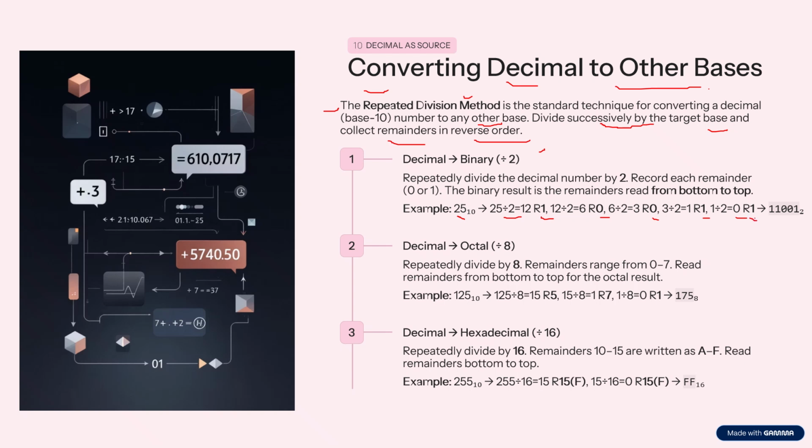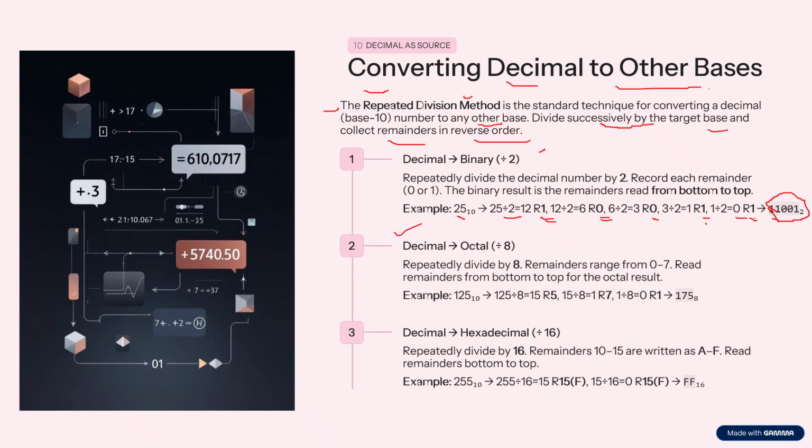The final value is 11001. That means decimal value 25 is equivalent to 11001 in binary.